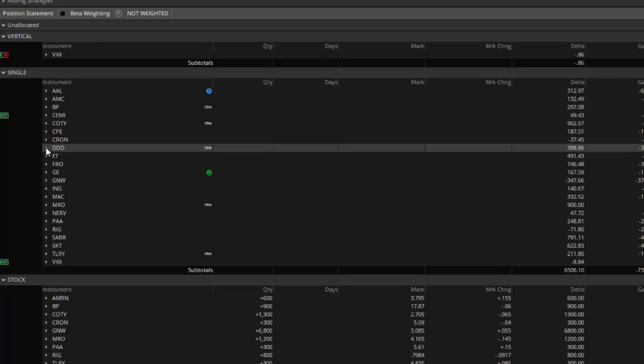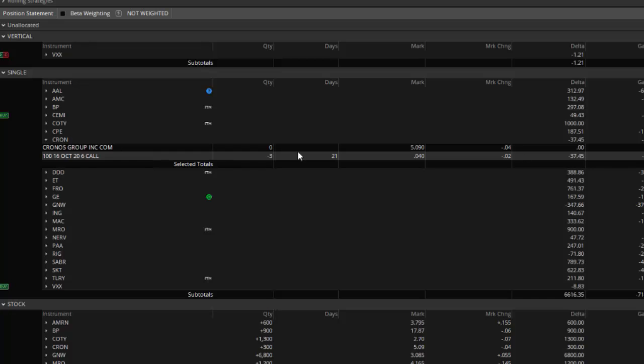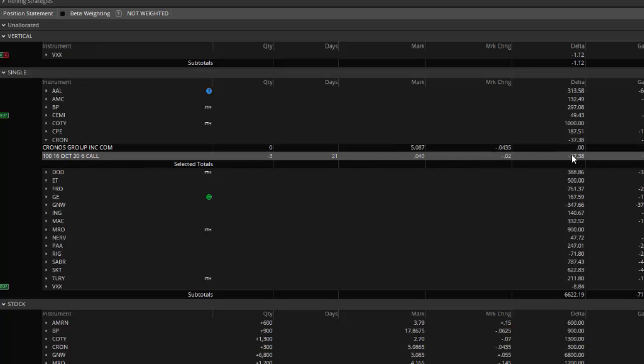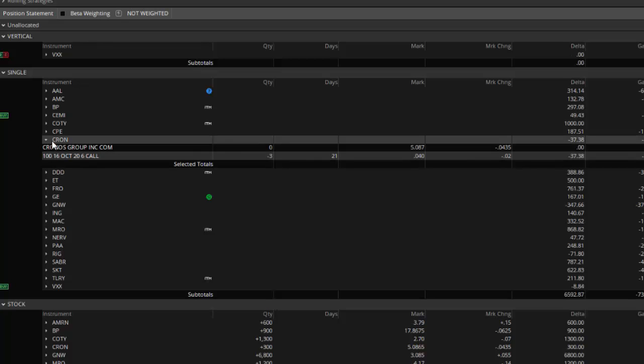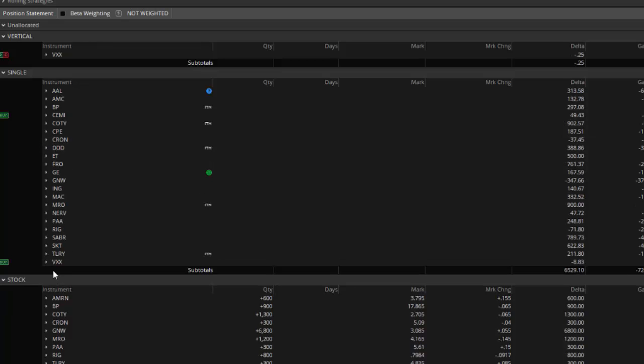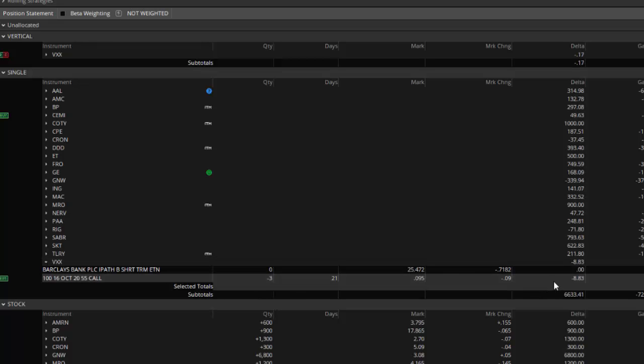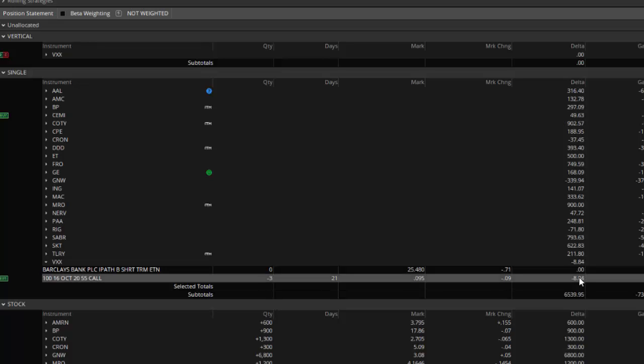Whereas for the ones that I'm selling calls, it's a negative delta because I'm going to profit when the market goes down. To make it more complicated, for example, for VXX, I'm selling a call here. So in theory, it's a negative, which means when the market goes down, that's when I'm going to profit.